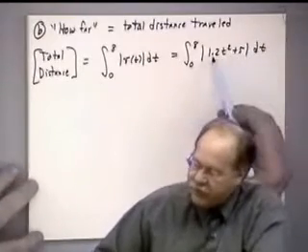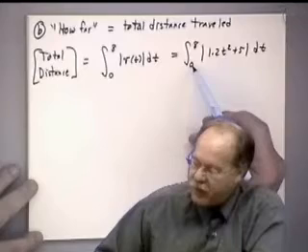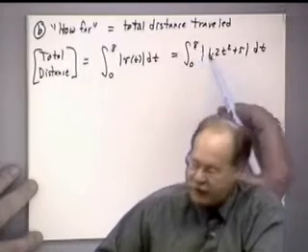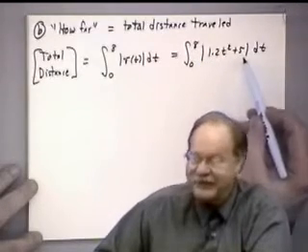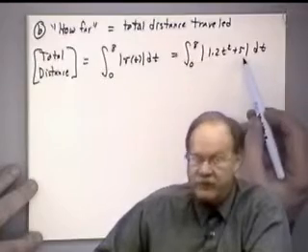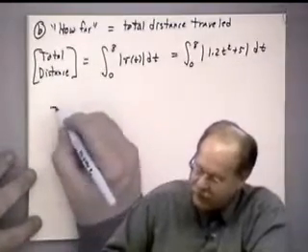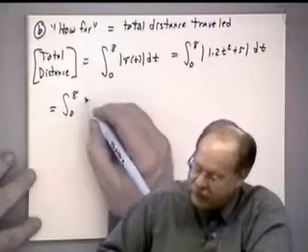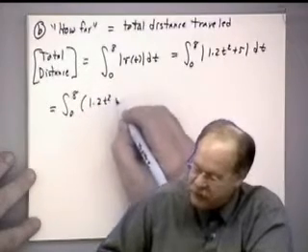Now, if you notice here, 1.2 t squared plus 5 for t equals 0 to t equals 8, throughout that entire period, this is never negative. So the absolute value is not necessary. Thankfully, we can drop it. So the integral from 0 to 8 of 1.2 t squared plus 5 dt.